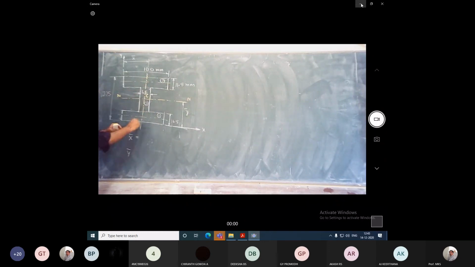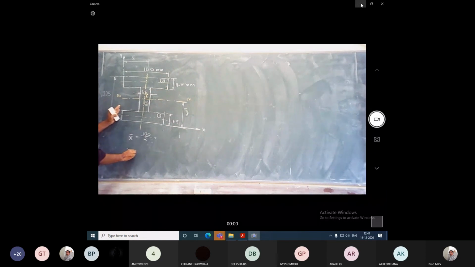So the x bar distance is the same for all the rectangles. The total width of this section is 100, so x bar will be exactly 100 by 2.